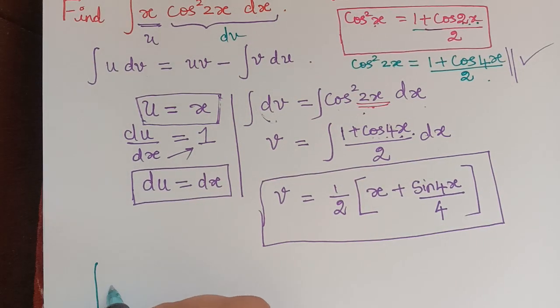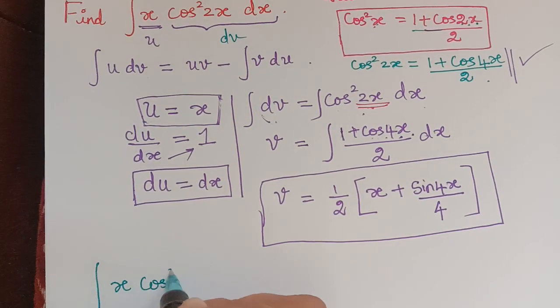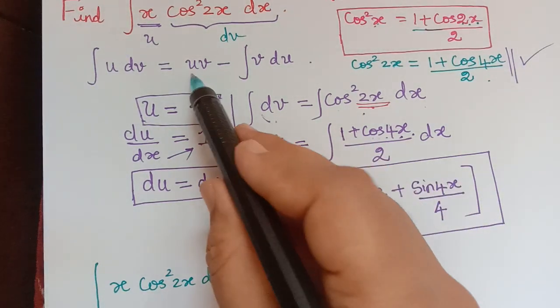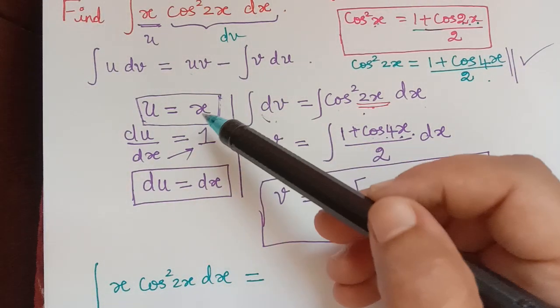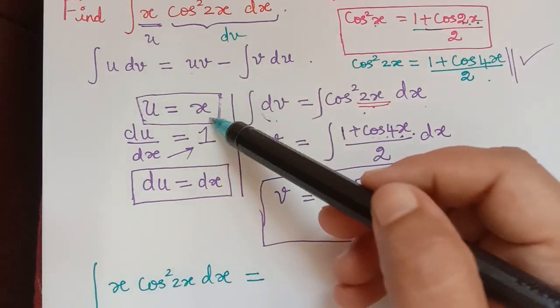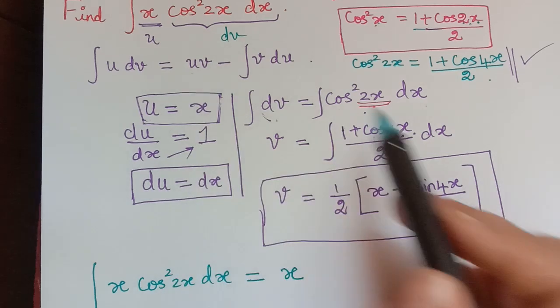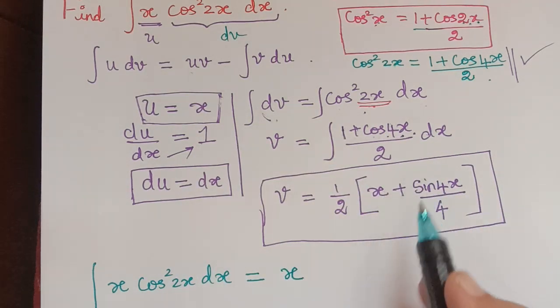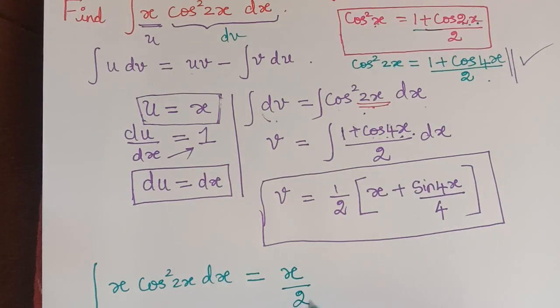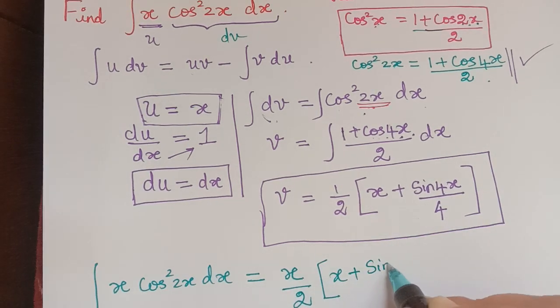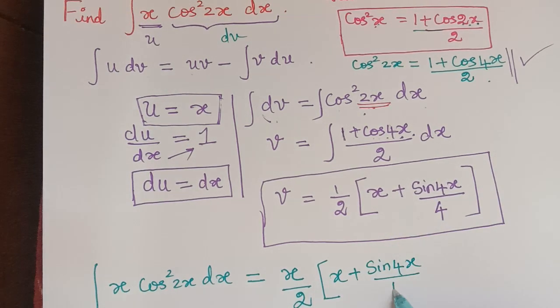So integral x cos squared 2x dx is equal to uv. What is u? u is chosen as x, so we shall write x here. And what is v? v is what we have obtained. So we will write x by 2 multiplied with x plus sine 4x divided by 4.